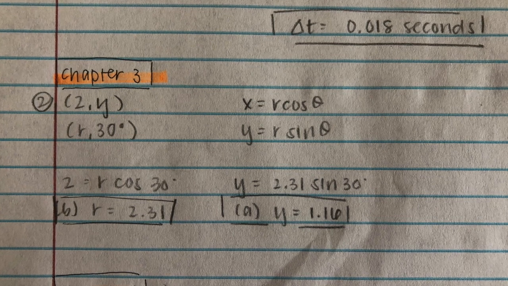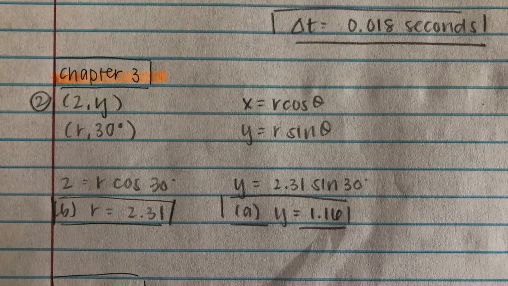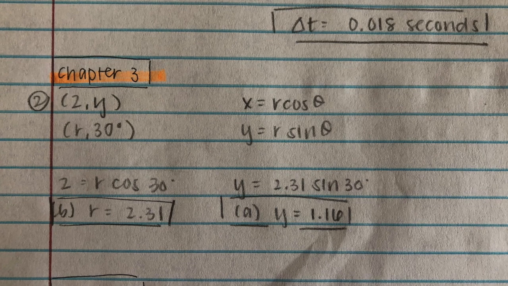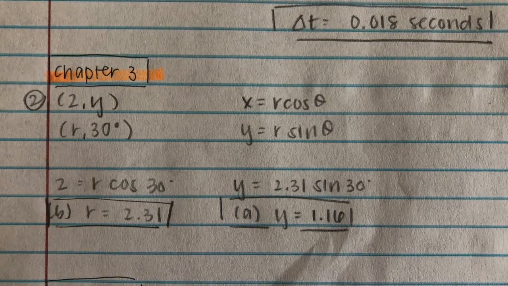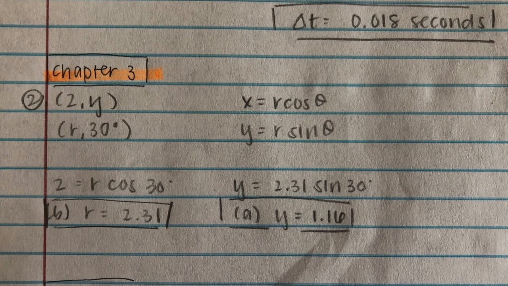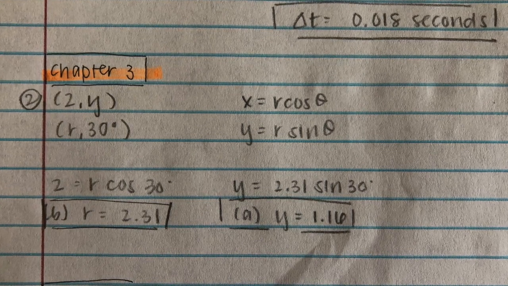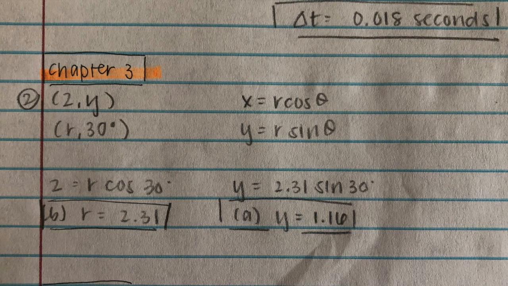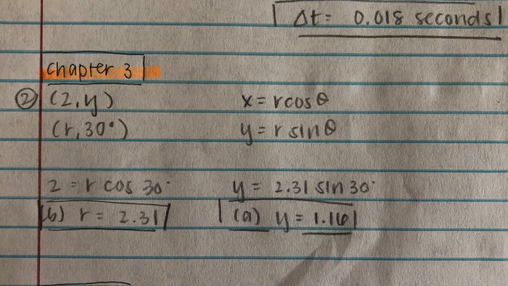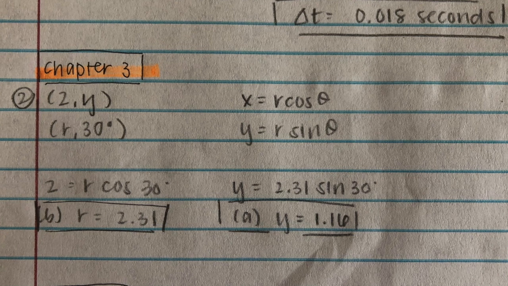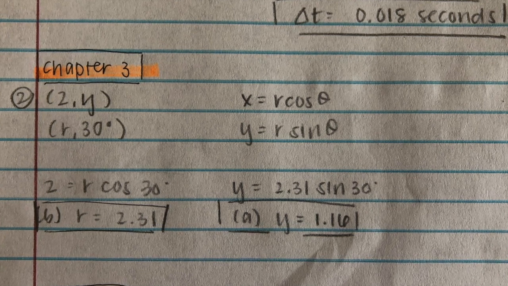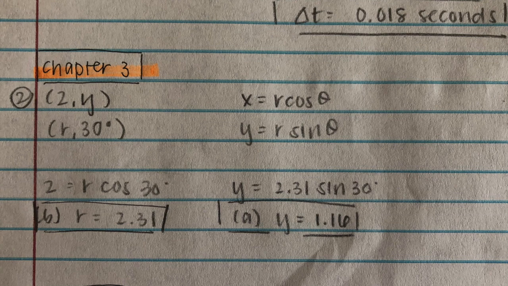Using the known value of x, which is 2, and plugging that into the equation that solves for x, we can determine r, since theta is also known, which is 30 degrees. R equals 2.31, and then using that r value, we are able to plug that into the equation that solves for y, using the same value for theta, 30 degrees, giving a value of y equaling 1.16.